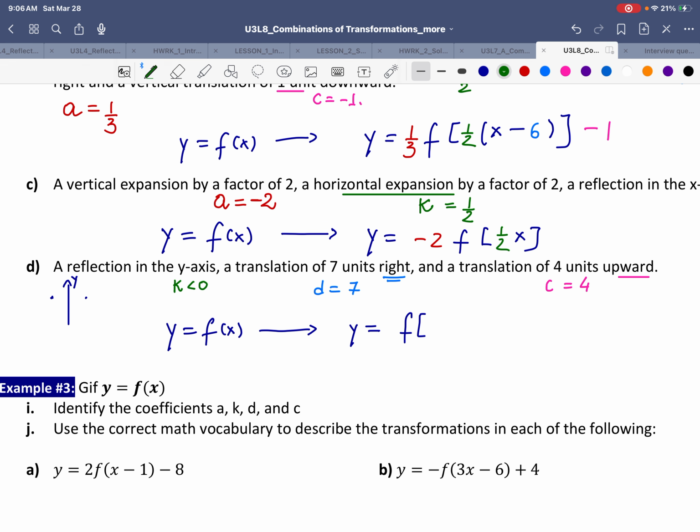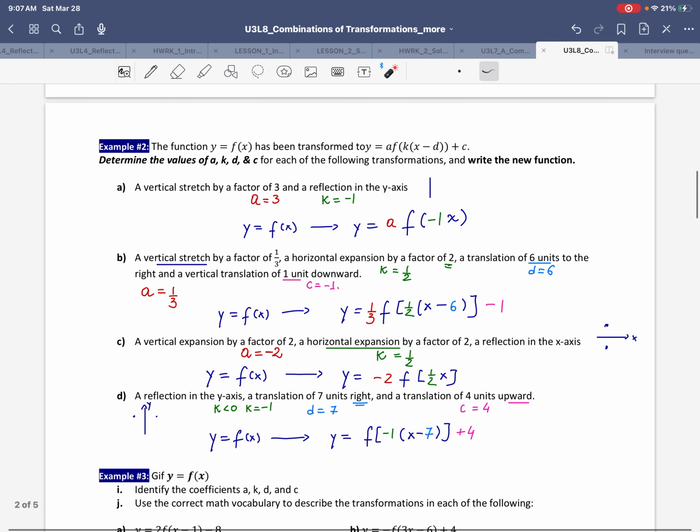We're not mentioned any stretches in the horizontal direction, which confirms that k is simply negative 1. And then we have x minus horizontal translation 7 to the right, and then plus 4, which is the vertical translation. And this will be the equation of the transformed function. One more time, when the coefficient is negative 1, you can just simply write the negative sign.